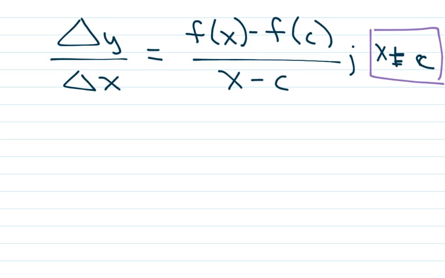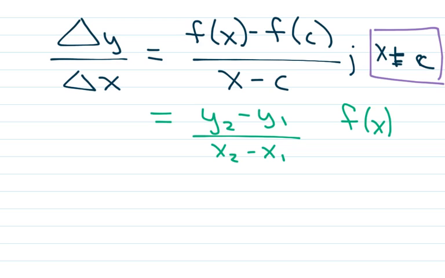Okay, now, I just wanted to show you what this is like, so this doesn't confuse you. Before, when you did this in Algebra 1, it would be y sub 2 minus y sub 1 over x sub 2 minus x sub 1. Well, you already know that f of x equals our y.